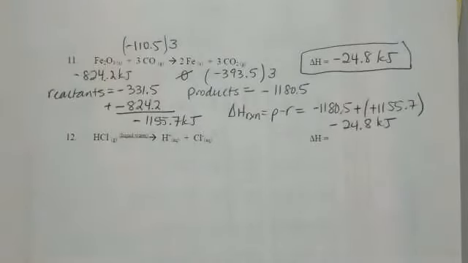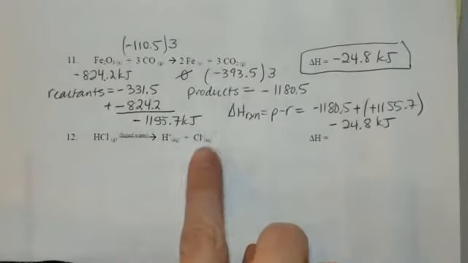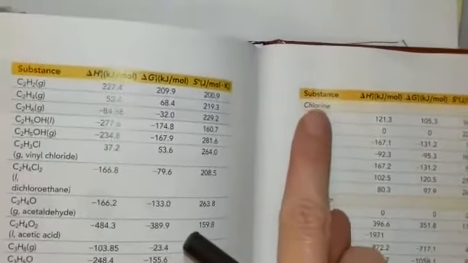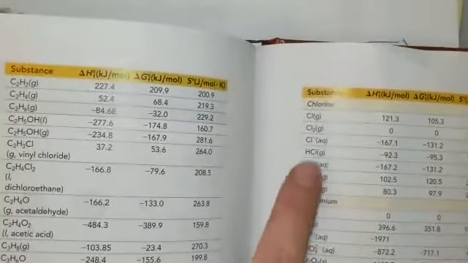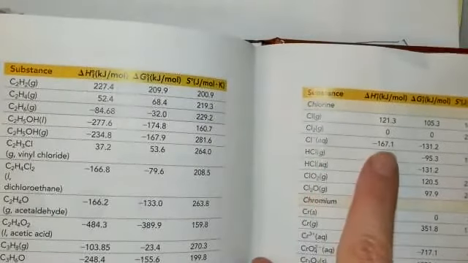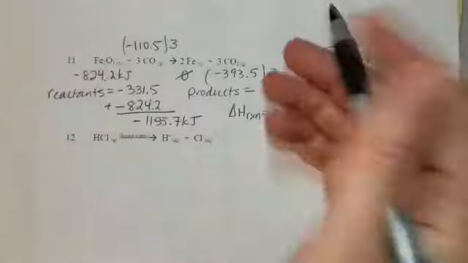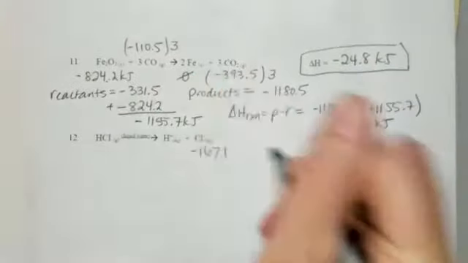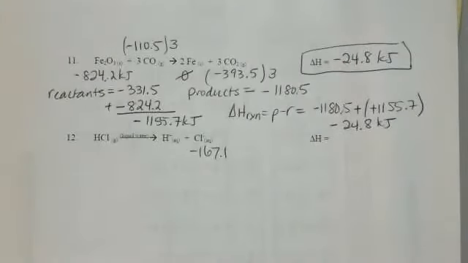So just as an example, I can show you the chlorine, heavy book. I've got the chlorine ion that's dissolved in water. So if I go and look at my table, here's my chlorine. And when I scroll through here, there's my chlorine ion dissolved in water. Heat of formation, negative 167.1. So that would be my heat of formation for the chloride.